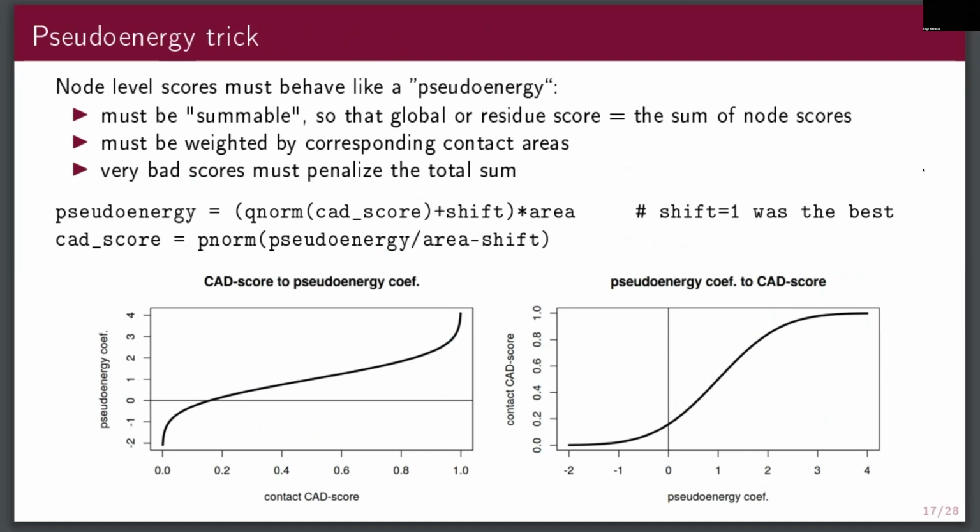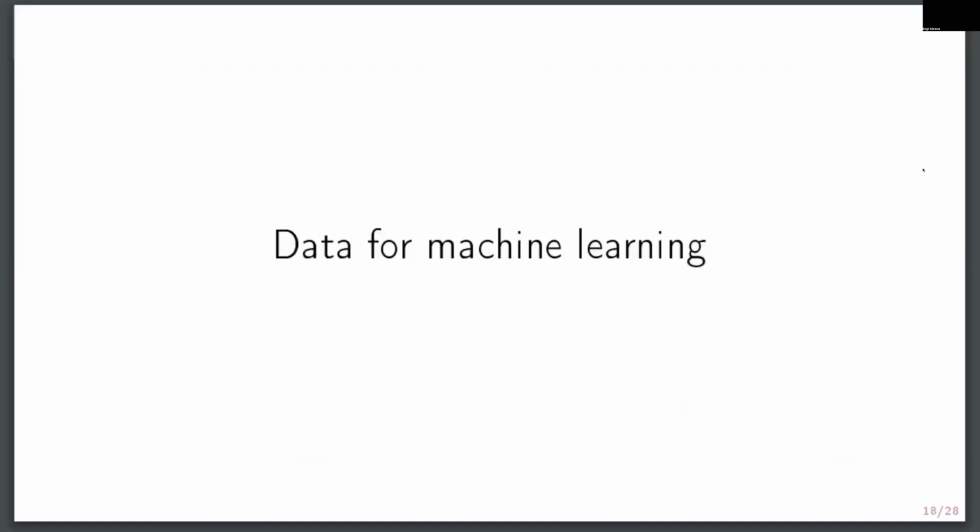They are really simple, based on the estimate of just sigmoidal functions, basically. It's a really neat trick that really helps, because we once again have summable things. If we predict CAD-scores for every inter-residue contact in the interface, we just can sum them to have a global interface score.